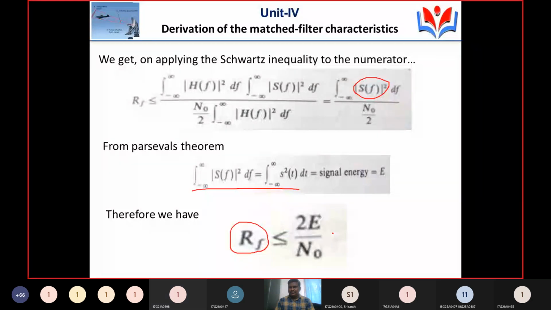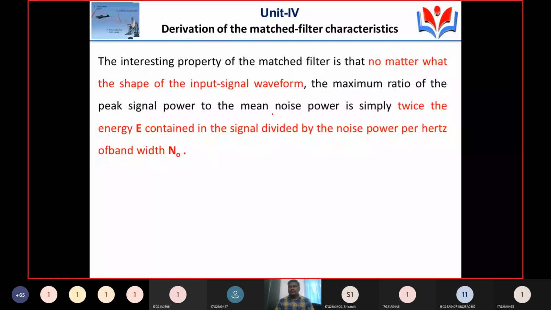Here we have to draw two important conclusions about the ratio of peak signal power to the mean noise power. The signal to noise ratio at the output of a matched filter depends, number one, upon twice the energy associated with the received signal, but not on the shape of the signal.